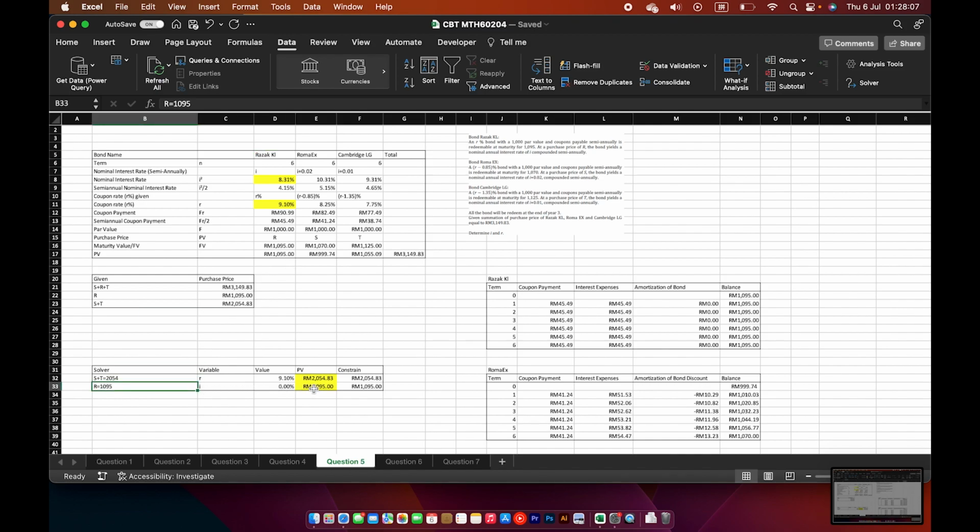The purchase price equals the present value of Razak KL, which is equal to 1095. And we'll use Solver for this.